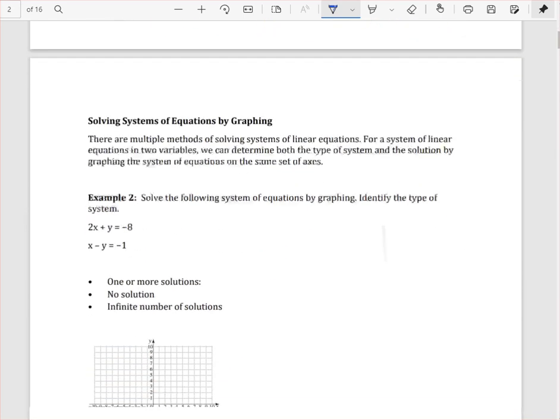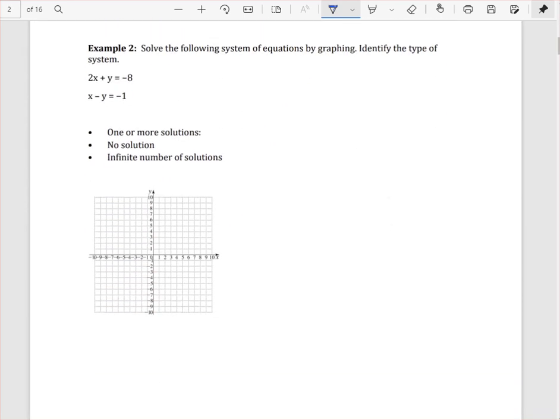Now, MyOpenMath may ask you to just solve by graphing. If they ask you to solve just by graphing, the only thing you have to do is graph the lines. In order to graph the lines, you can make a table with an x and a y. Since the y's are by themselves, I can pick any x, like 0 and 2, because MyOpenMath is going to graph them automatically.